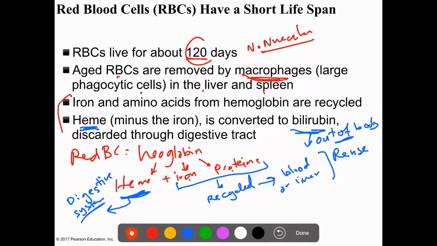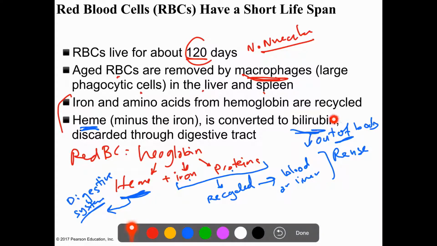Okay, so this process shows how the hemoglobin is broken down within the liver, or even within the spleen, mainly within the spleen. So the heme part, which is the pigment, will be sent to the digestive system. Over there it will be turned to something called bilirubin, and that would be sent out of the body.